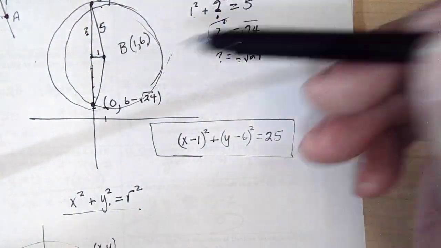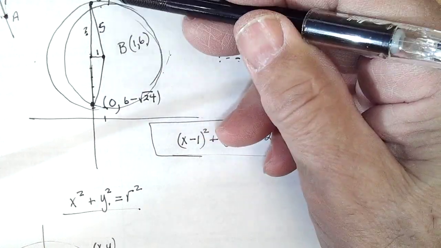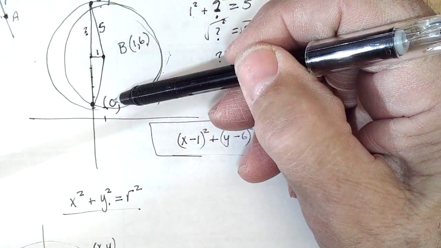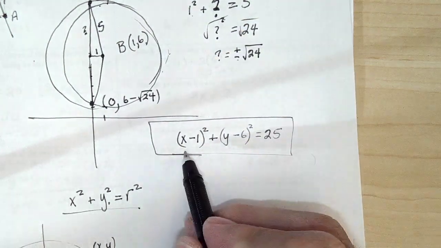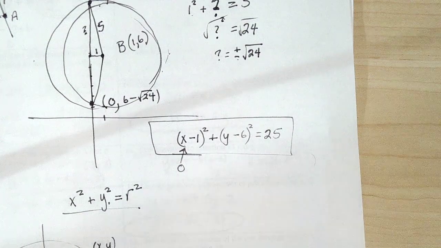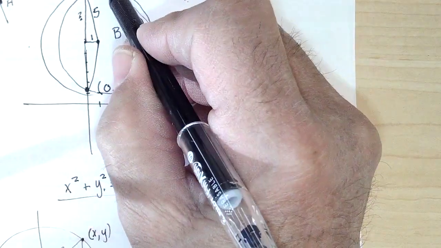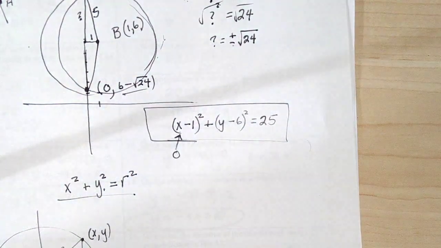And if I want to know the ones that are on the y-axis, if I'm on the y-axis, the x-coordinate is 0. So I would put in 0 for x and then solve for the y to find these two coordinates that I already found the other way.